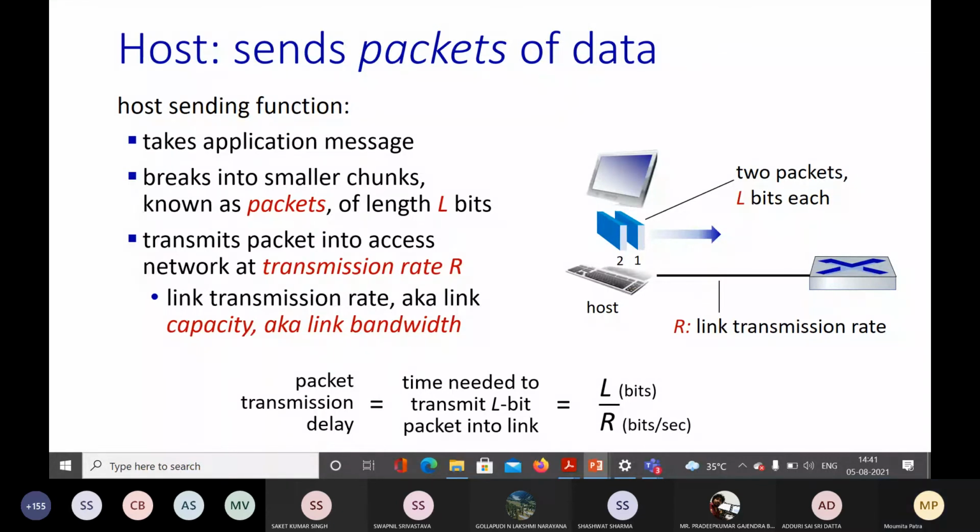That means the time needed to transmit the L bit packet into the link is known as the transmission delay, and that is given by L by R. So that will give you the time required to transmit the packet to the link. So this is packet 1, this is packet 2. The time required to transmit all the bits of packet number 1 onto this link, which has a bandwidth of R, is known as the transmission delay, and that is given by L by R.